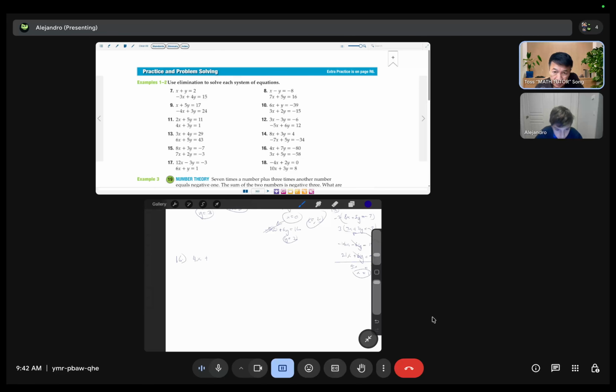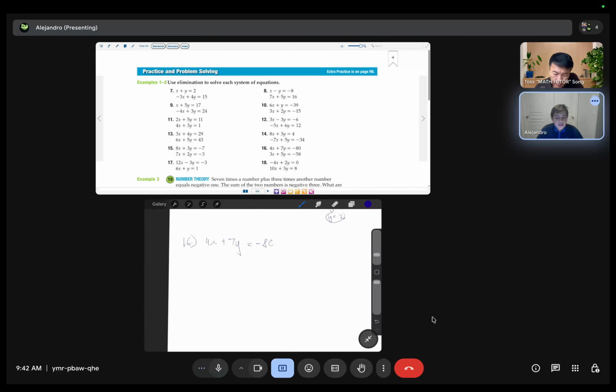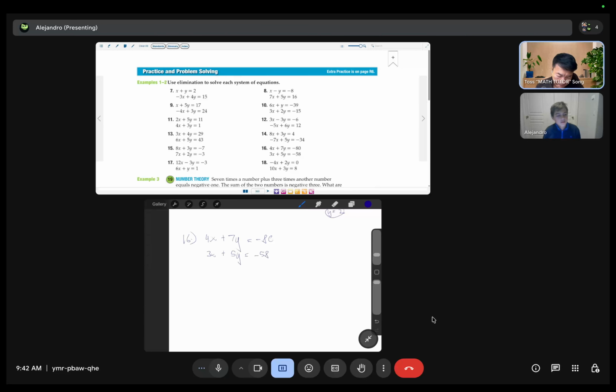Which one do you want to eliminate here? I would eliminate x. Okay, let's do it. What do you want multiplied? Multiply the first equation by negative 3, and the second one by 4. Okay, let's do it.